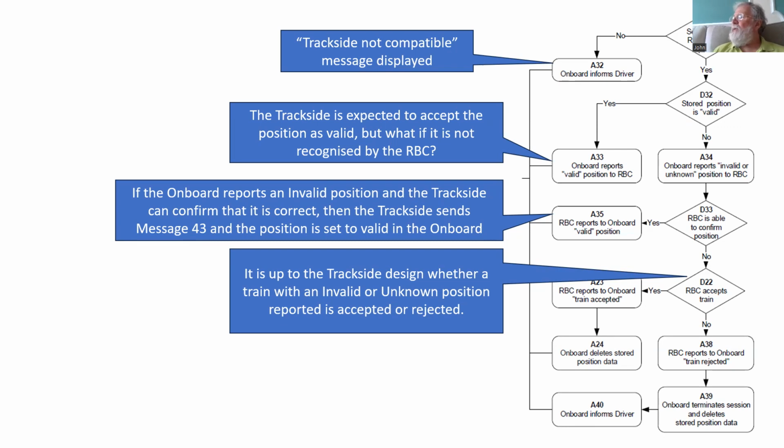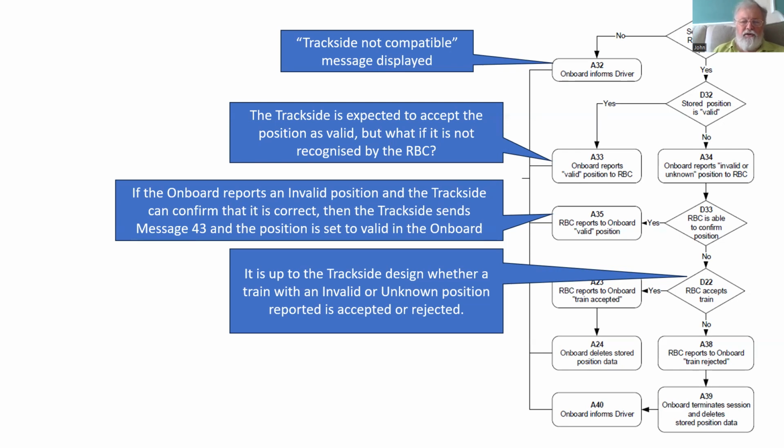If, however, the position is not invalid or the trackside can't confirm it is correct, then it is also up to the trackside design whether it accepts or rejects the onboard. And here there are two options, obviously. If one accepts the onboard, then the position information stored on board is set to unknown.